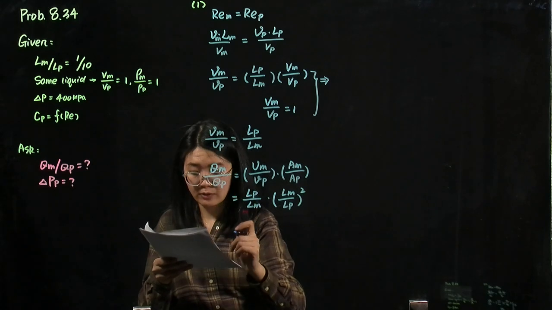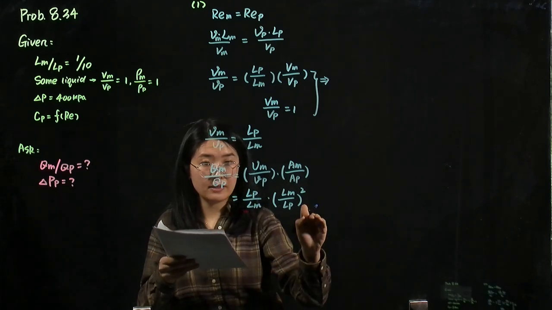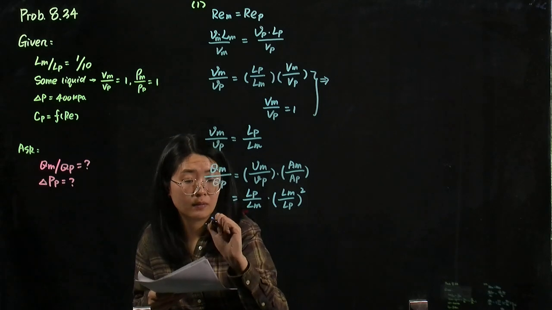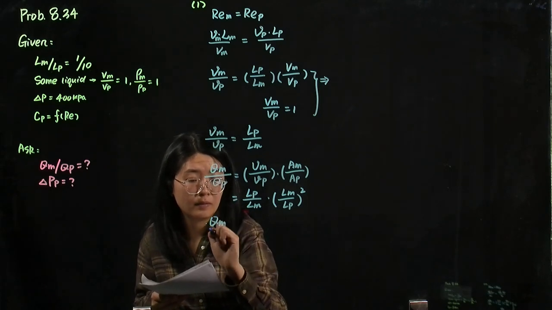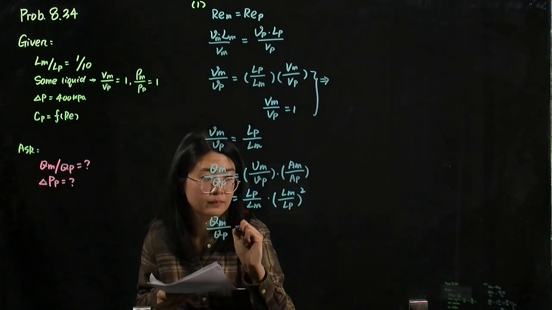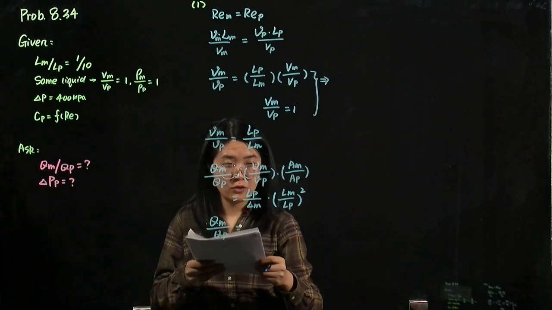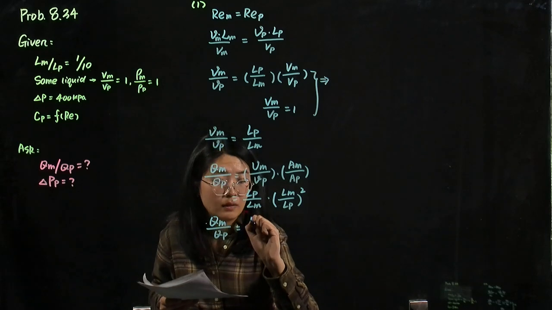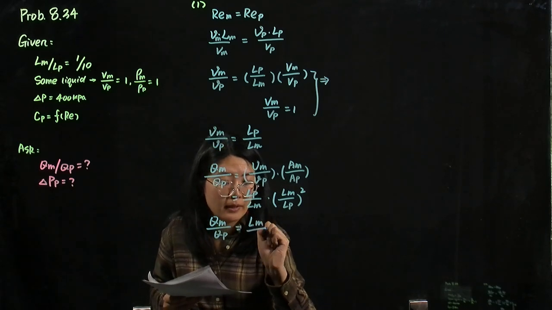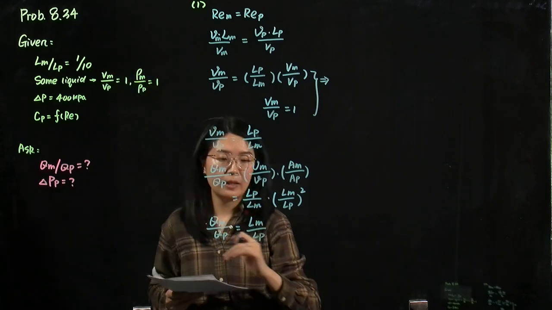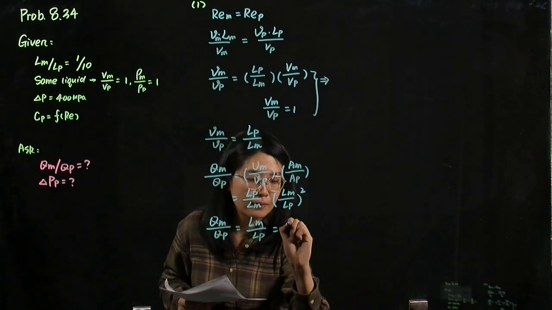After we calculate this equation, the flow rate ratio equals Lm divided by Lp, which is given, so it equals 1/10.